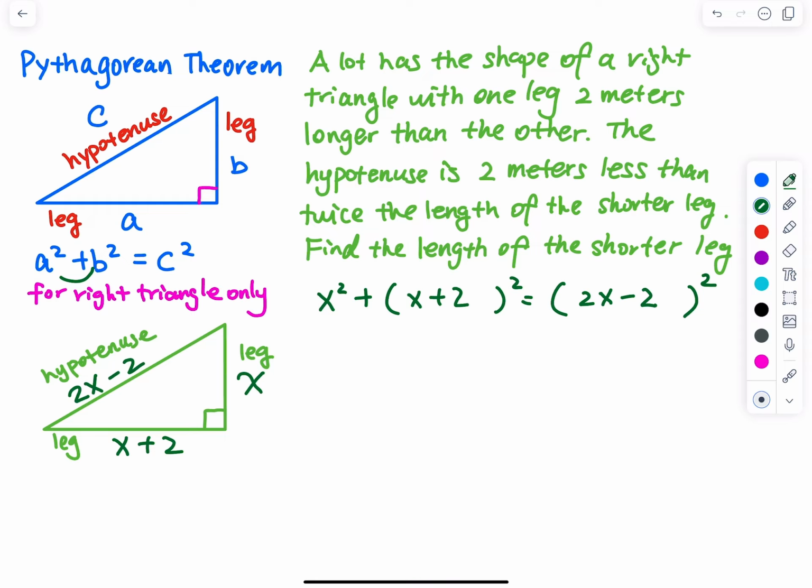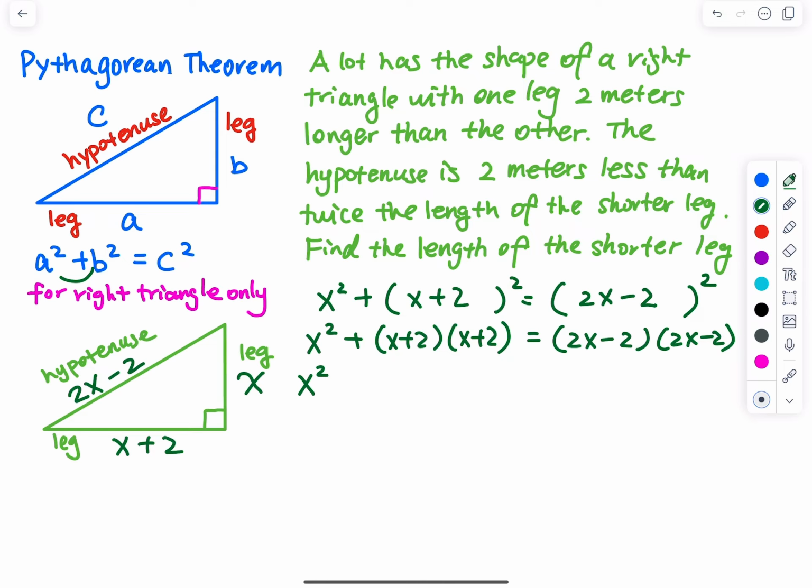All right, and then the next step is you have to fully multiply out each side. So you have to expand each side, and then we simplify the expression. x squared is x squared, and then x plus 2 is squared, so we have x plus 2 times x plus 2, and then equals, the other side is 2x minus 2 times 2x minus 2.